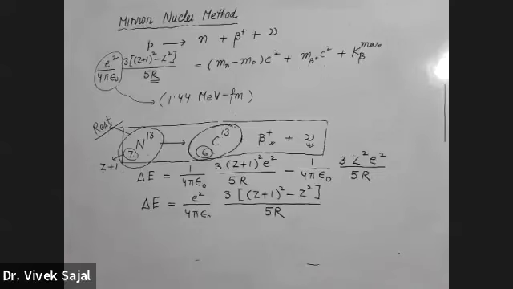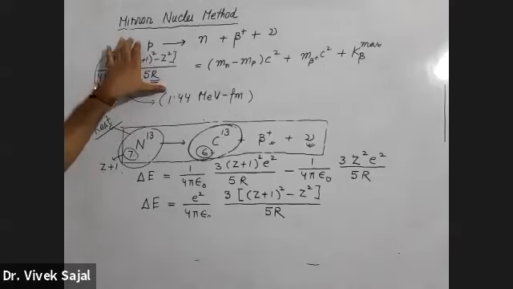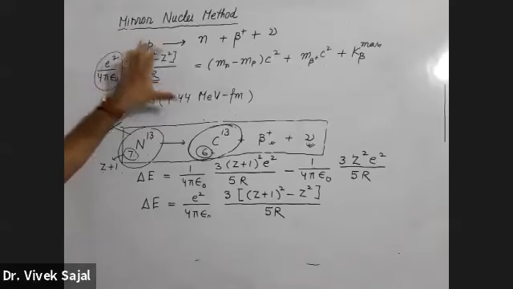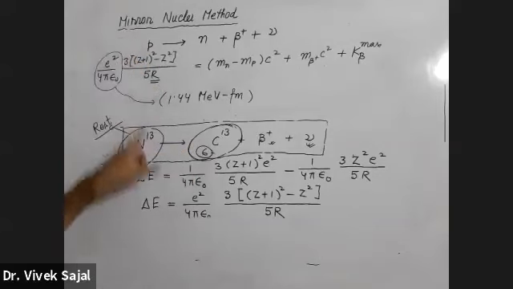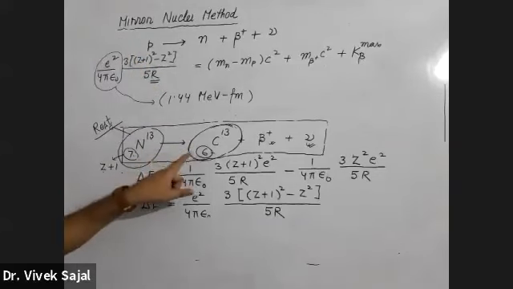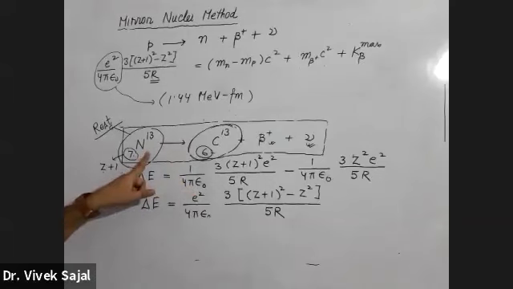This is known as the mirror nuclei method. In this method you have to remember this formula. The left hand side is the difference between the binding energies of these two nuclei, or the difference between the Coulomb energy terms of both nuclei.